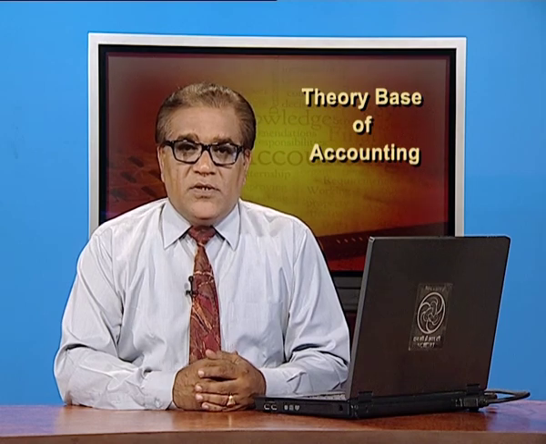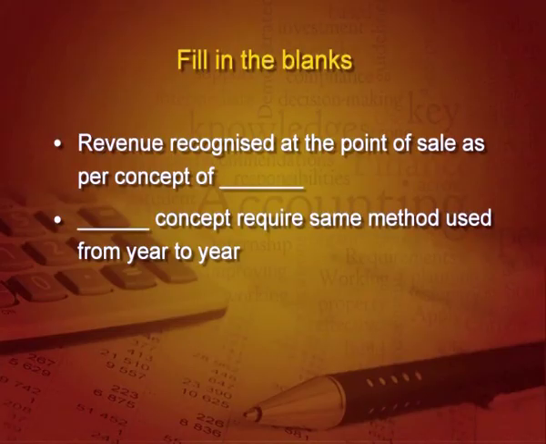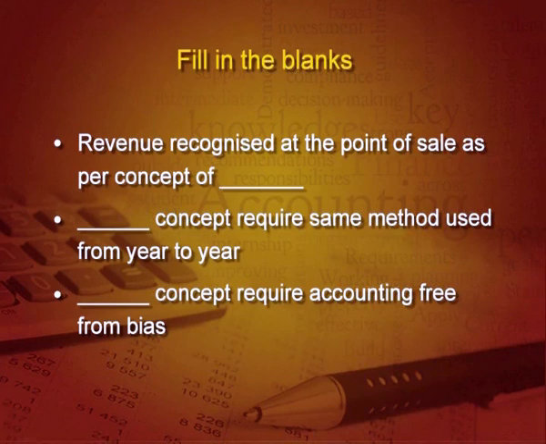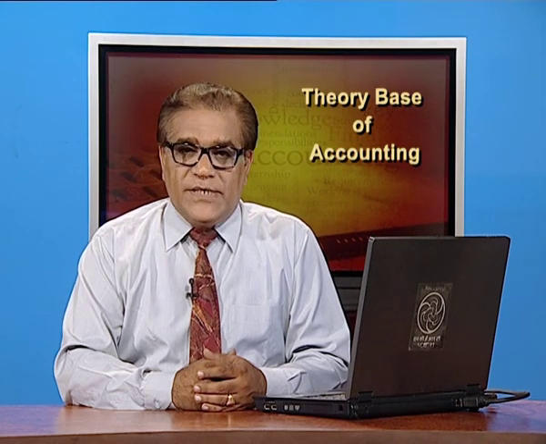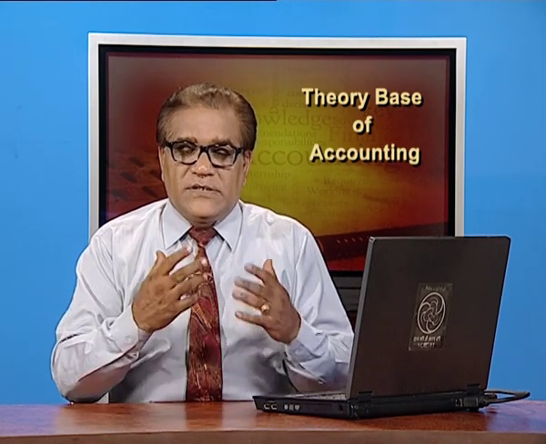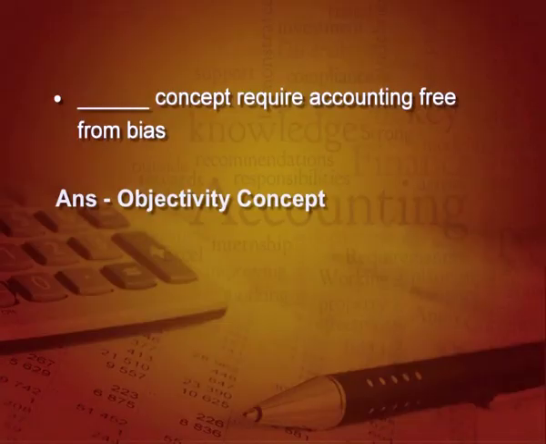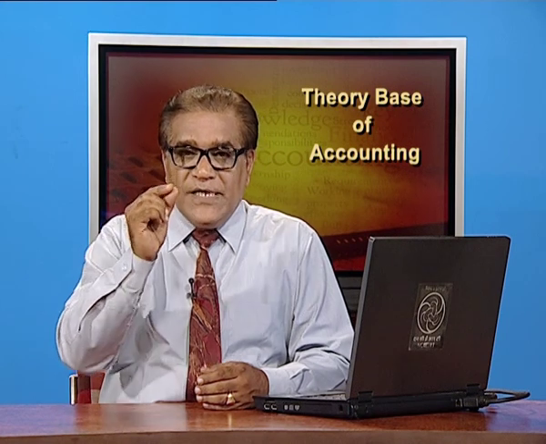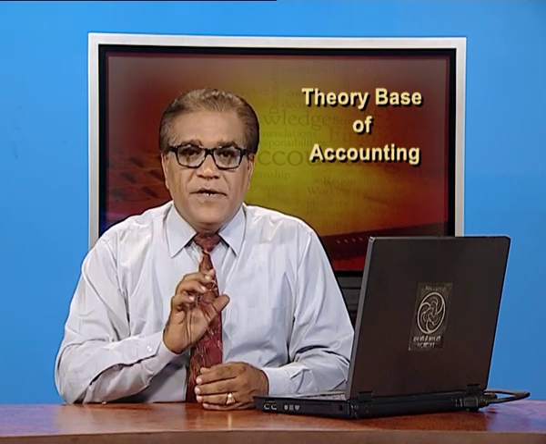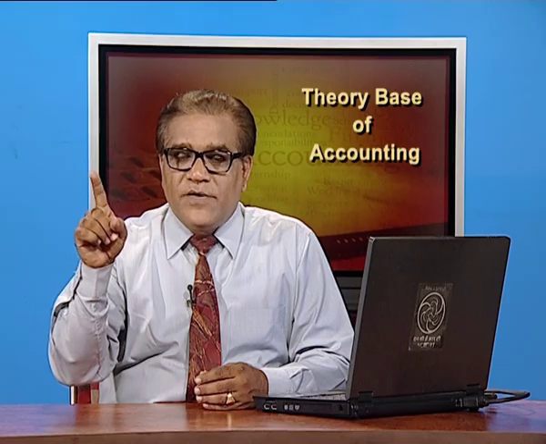Next, this is a tricky one. Which concept requires that accounting should be free from bias? That is, there should be no personal bias. Yes, try to find it out. Right, it is objectivity concept, verifiable concept, where I told you that if I am taking a bill, that can be verified, but not the market value.